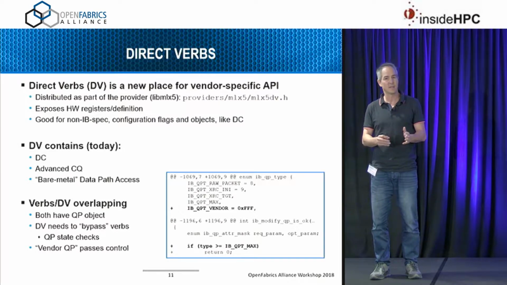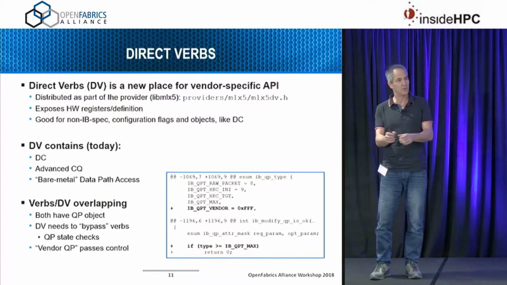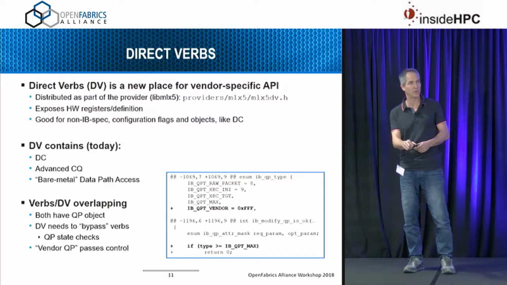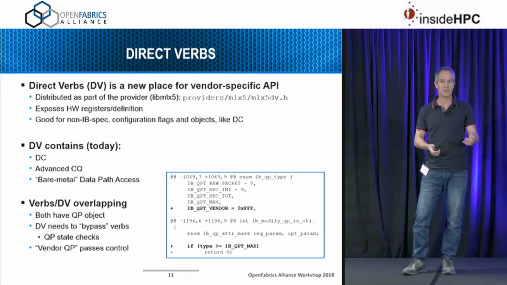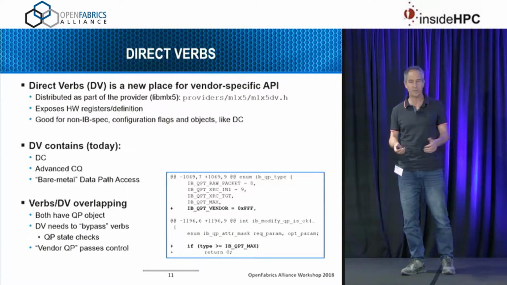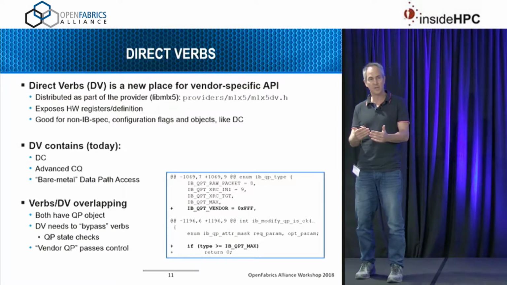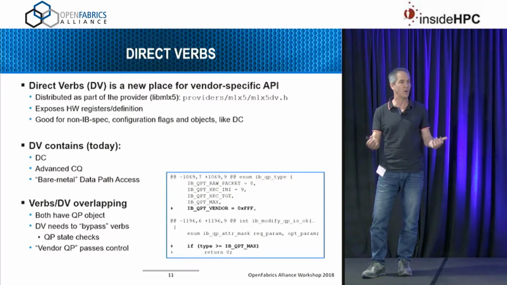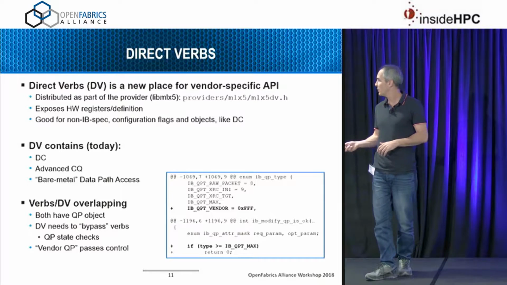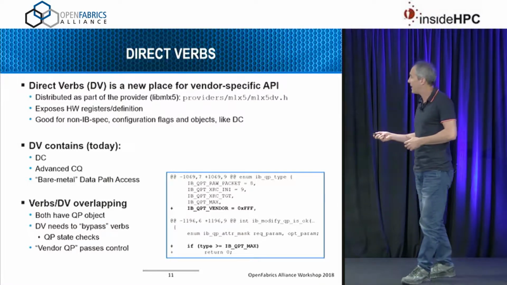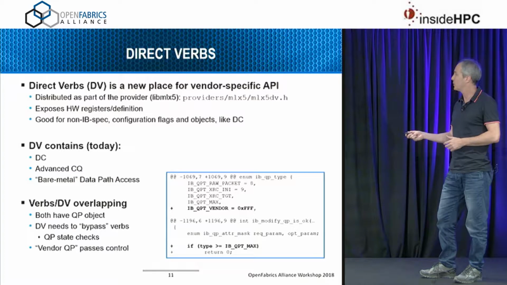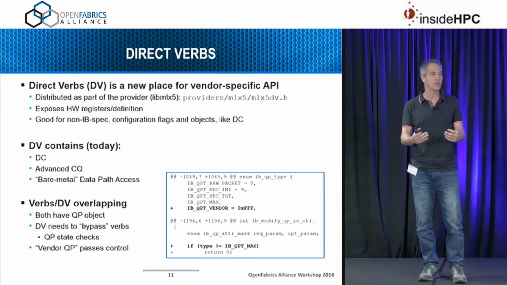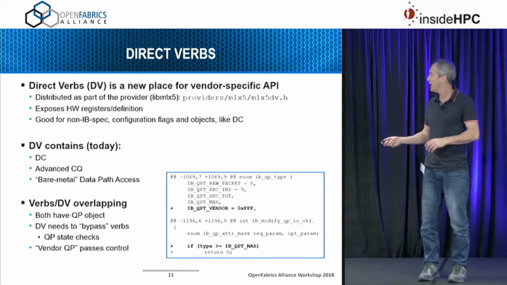Obviously, this is more complex because you're binding your application to specific hardware, you're learning the specific hardware registers and capabilities instead of using the generic IBV post-send, post-receive. But if you're at a point where you need these extra cycles, removing a lock, doing something more unique, it's very beneficial. So as part of the RDMA package, providers can expose what we call direct verbs, which will allow the vendor to expose specific things for their hardware.